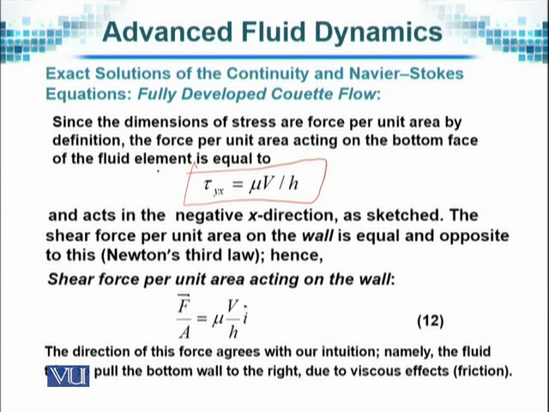The shear force per unit area on the wall is equal and opposite to this. So this is the only force acting, and that is because of the viscosity. When the plate is moving, no external pressure is being applied. The only force generated in the motion that takes place is because of this viscous action.